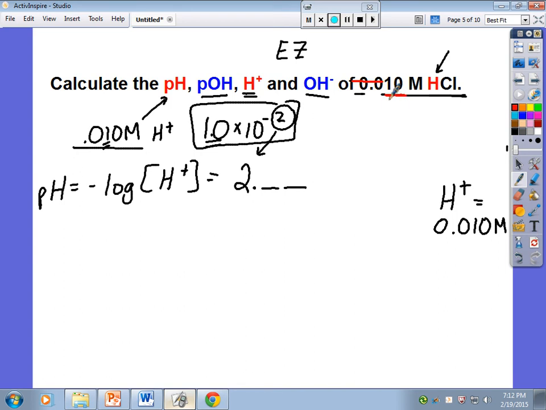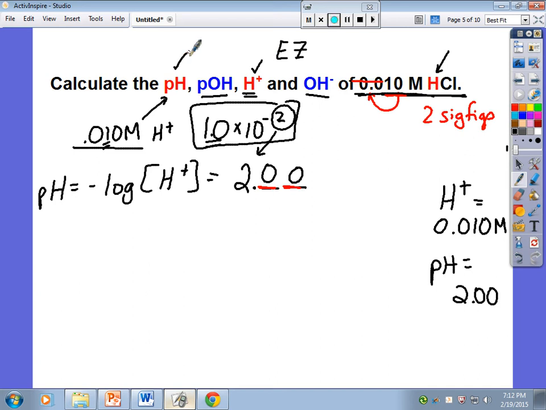Those numbers count right there. That's a trailing 0, and there is a decimal. So I have 2 sig figs, which means I'm going to have 2 significant figures after my decimal. So I need to fill in zeros for this. And that's my pH. So my pH is equal to 2.00. No units.